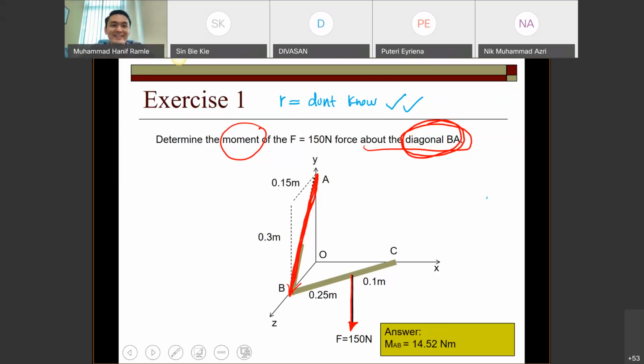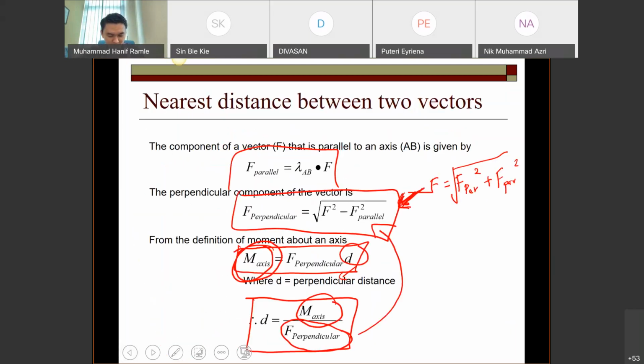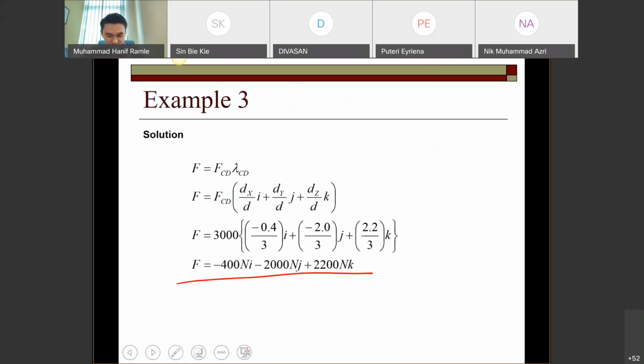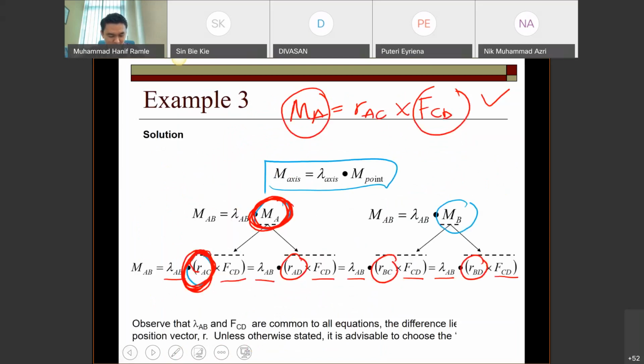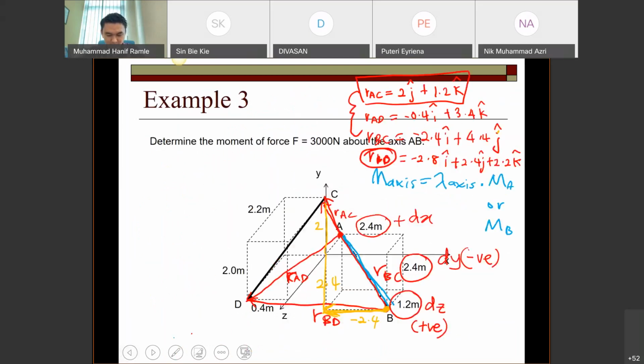Okay. Let's recap what you have learned just now from the previous exercise. If you look at this exercise, the R is from any point on the axis to the force.